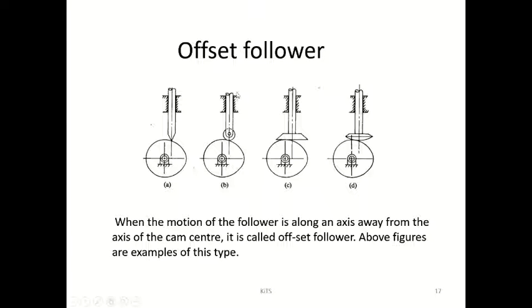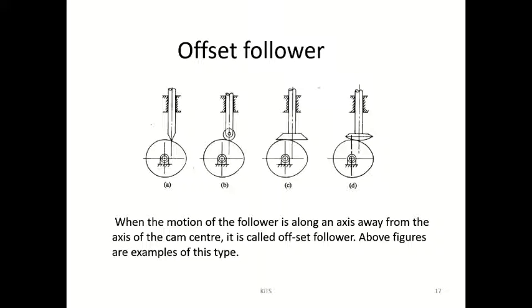See in this case, when the cam rotates, the follower will move upward and automatically return to its original position because of the gravity force. In all four cases here, because of the gravitational force, the follower is returning back to its original position. So it is called a self-closed pair.